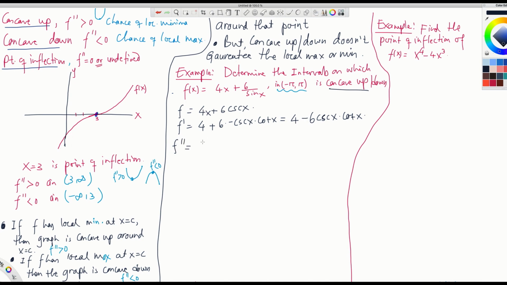So how much is that? This is 0, right? The derivative of 4 is 0. So you need to use the product rule here. Let's use f times g, because the derivative of the constant will be 0.